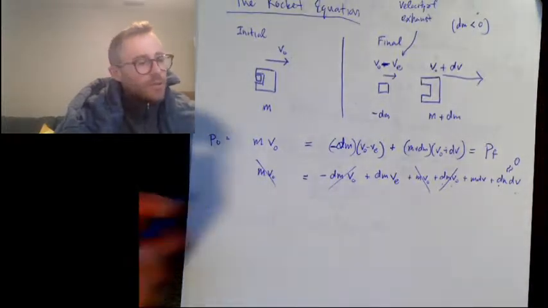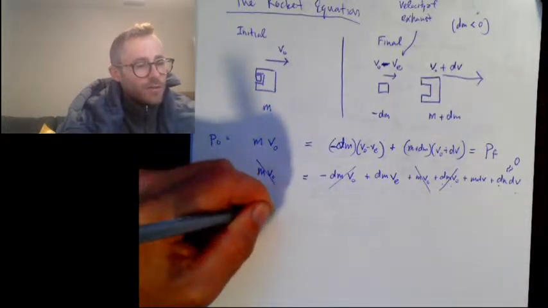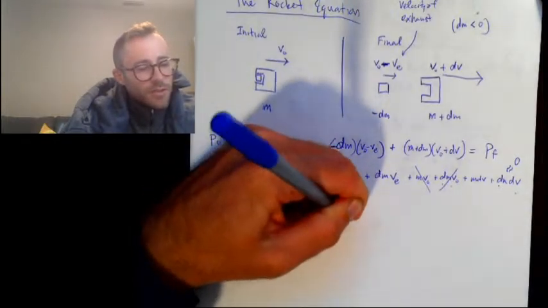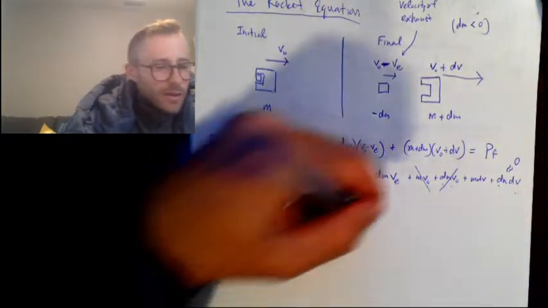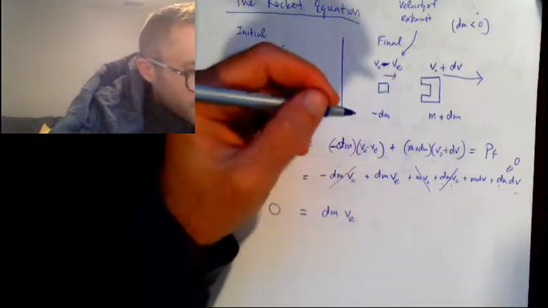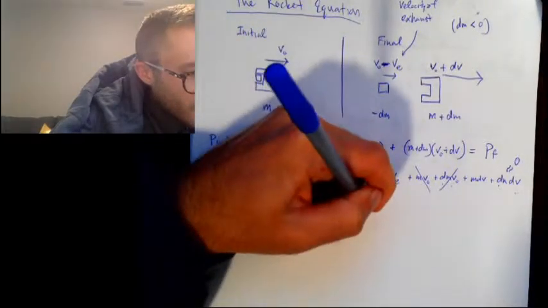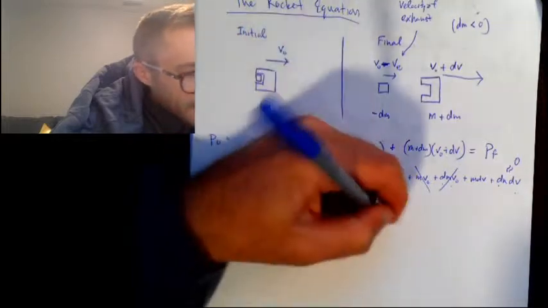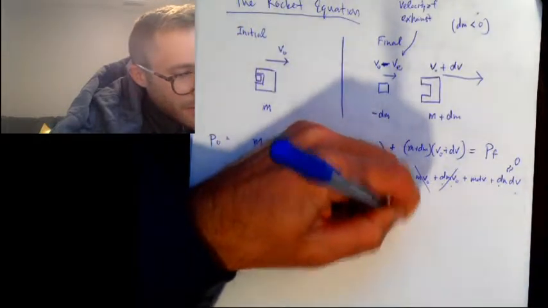Okay? So what do we have left over? We have 0 equals dm times the velocity of the exhaust plus m dv.